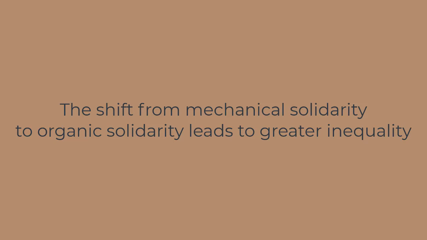So in that way, Émile Durkheim was thinking, among many other things, about the emergence of inequality as a consequence of the development of technology that happens when we get big societies.